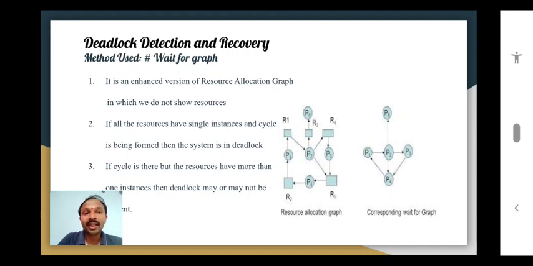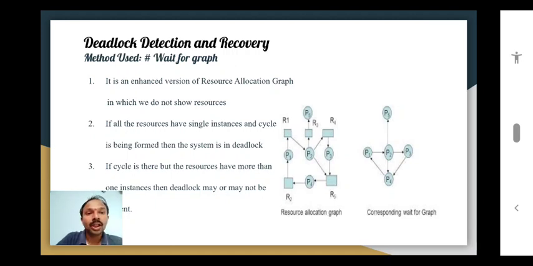So it is called an enhanced version of the resource allocation graph, in which we do not show the resources. If all the resources have single instances and a cycle is being formed, then the system is in deadlock. What is meant by single instance over here? Single instance is use of that resource once. It may happen that a resource is used more than once.